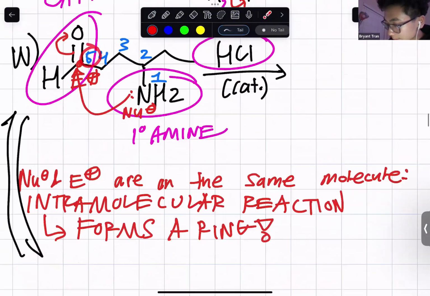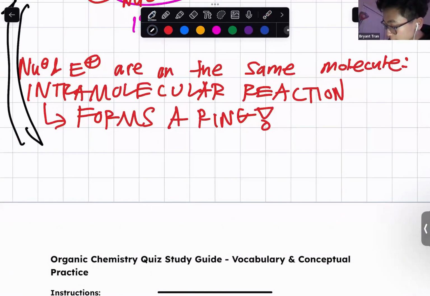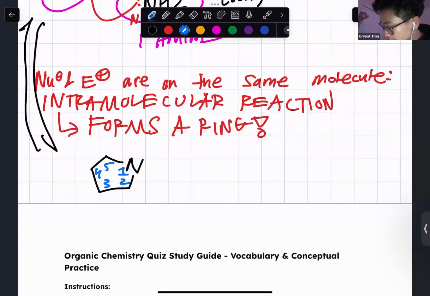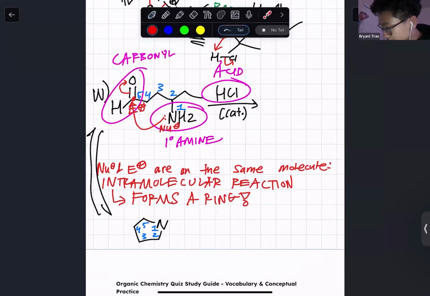So let's draw that 5-membered ring out like this, where I know that nitrogen is part of the 5-membered ring, like that, right? So this is going to be atom 1, atom 2, atom 3, atom 4, atom 5. That's the 5-membered ring that we form right there. If I highlight that backbone of the ring in yellow like this, that's this backbone right here. This nitrogen, 1, 2, 3, 4, 5, like that, right?